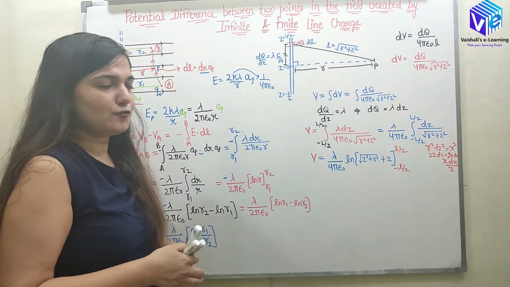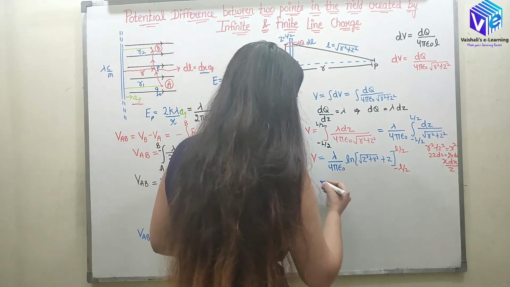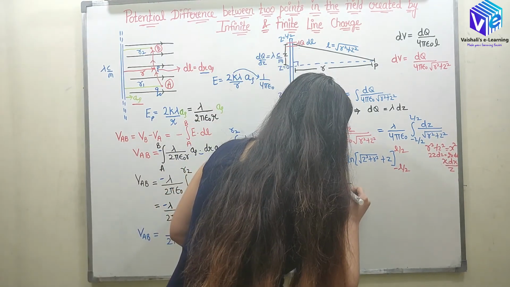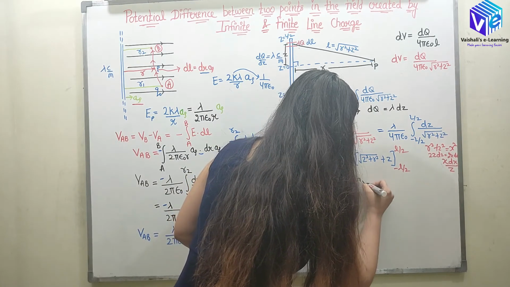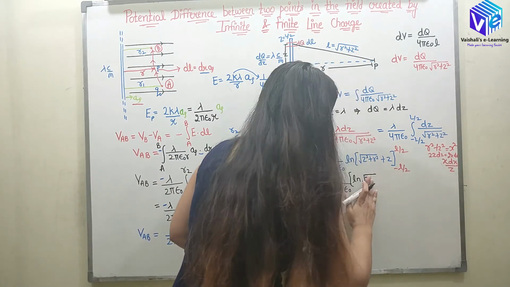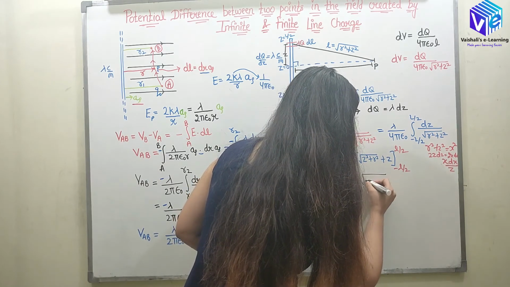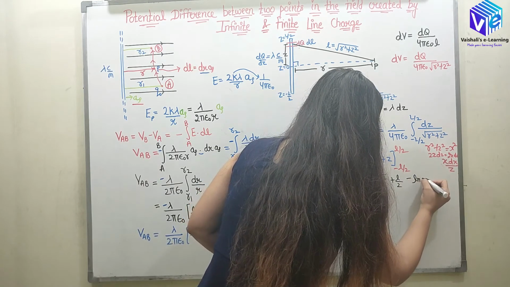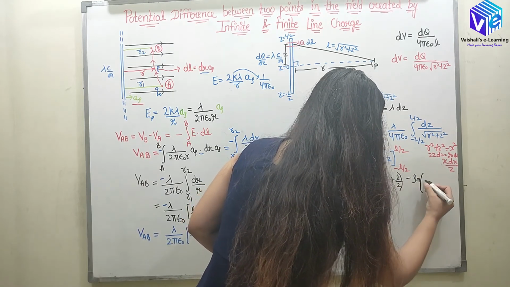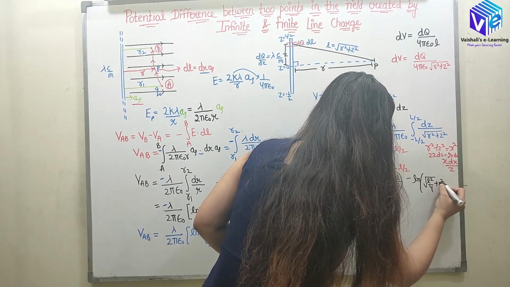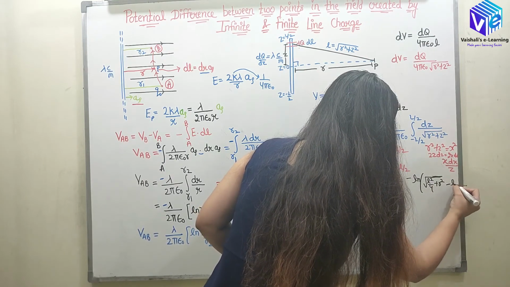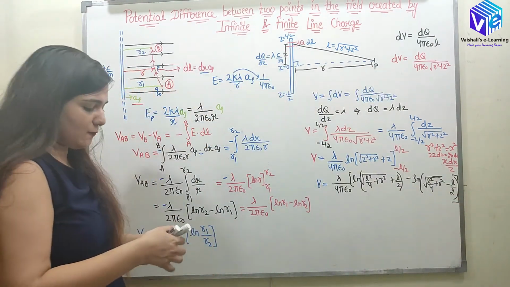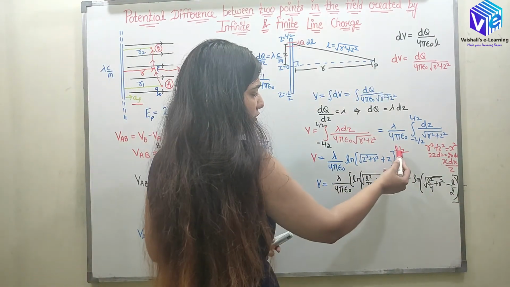Okay, now we have to put the upper limit and the lower limit. So we will be finding out the V. Okay, so this is my V. I have just put the upper limit, which was L by 2.